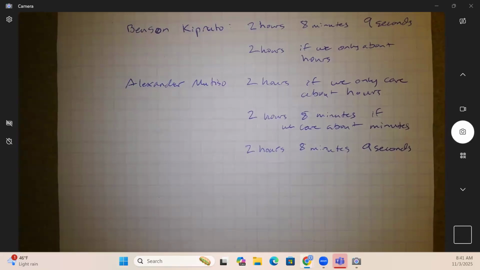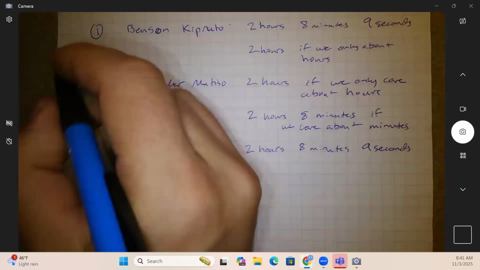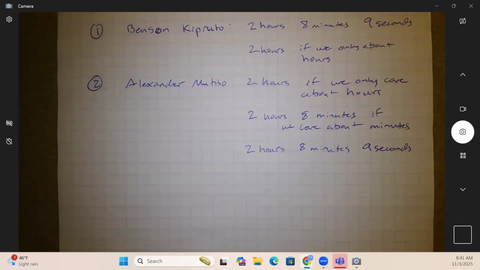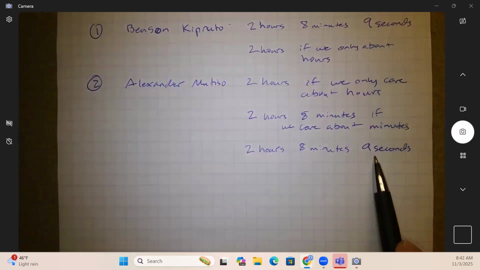Right, but that actually for me illustrates really well the importance of choosing your significant figures. Because our first place winner had the same time as the second place winner because they only record down to the second in terms of significant figures. But to decide the actual winner, this is going to be like 9.3 seconds, and this is going to be like 9.8 seconds.